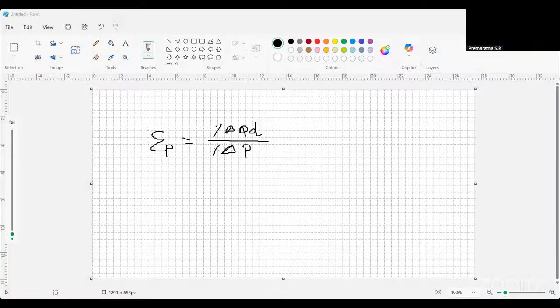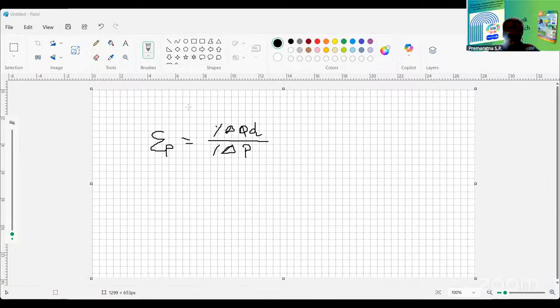That is the very simple definition of elasticity. Oh, I did not share, sorry. What I wrote, yeah.